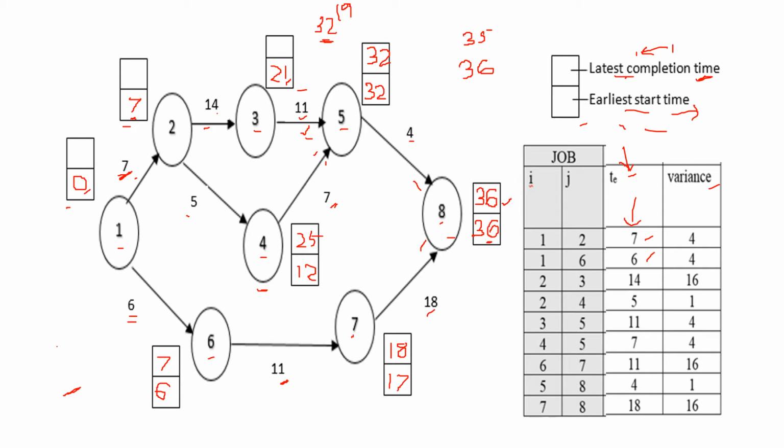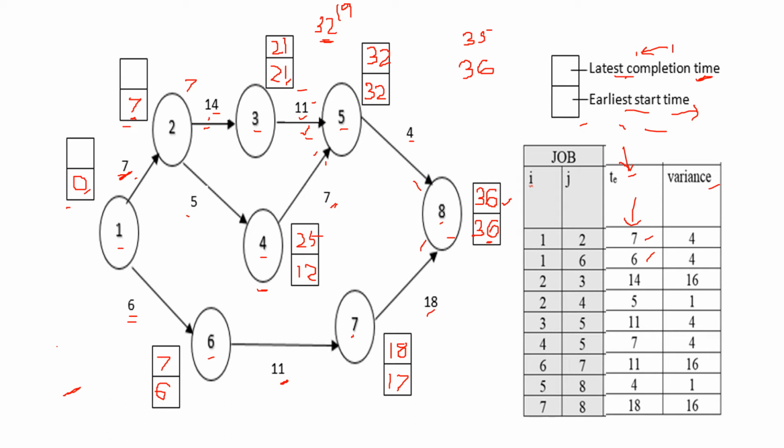And 32 minus 11, that is 21. Now 21 minus 14. So 21 minus 14 is 7.